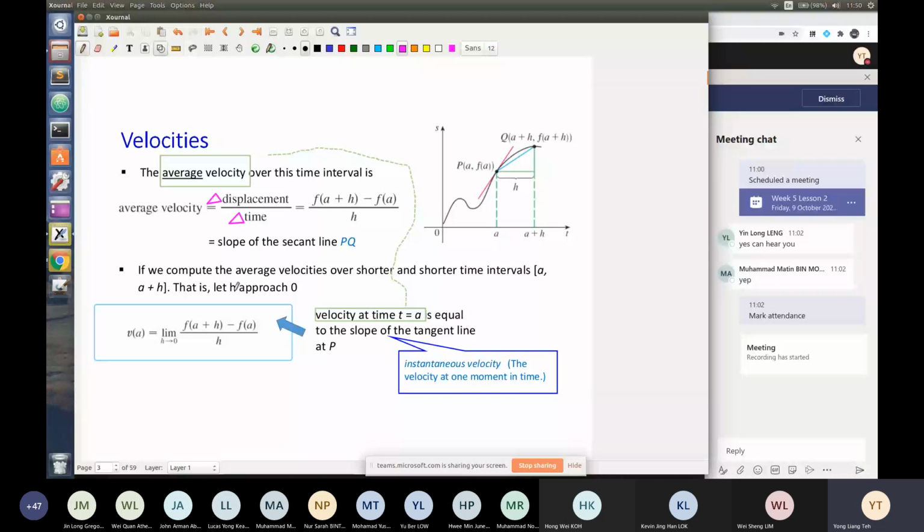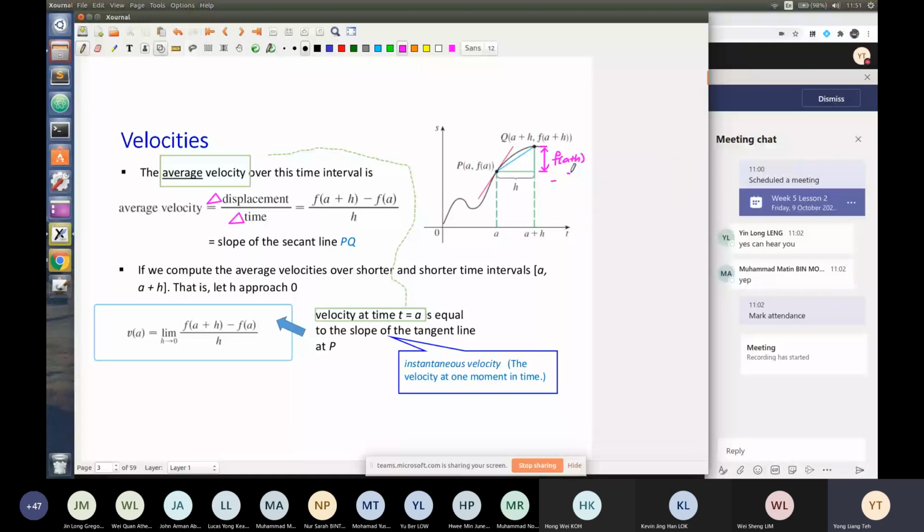This is better, right? So if you look at actually what this change in displacement over change in time means, you can inspect that this is your f of a plus h and this is your f of a. So quite clearly this numerator is representing the change in the y value. Okay, so therefore this is f of a plus h minus f of a.